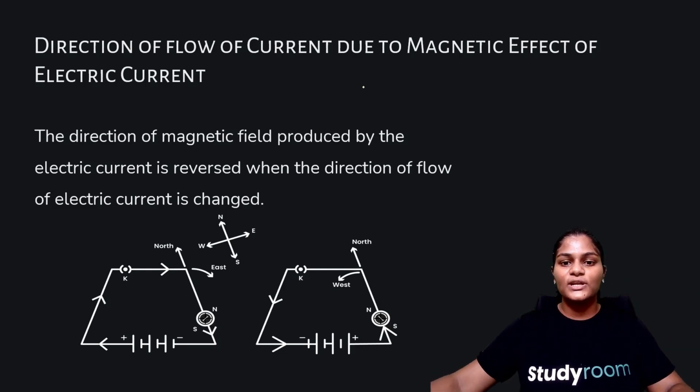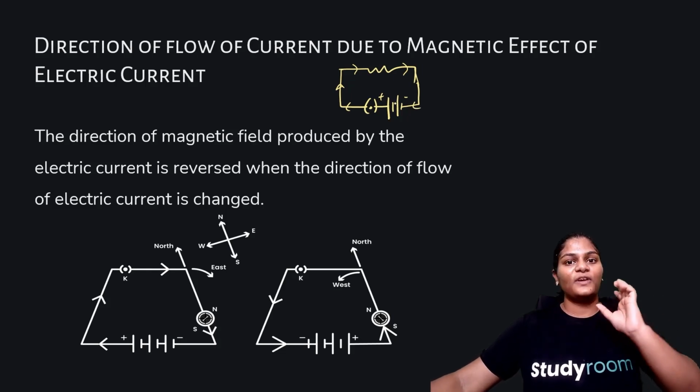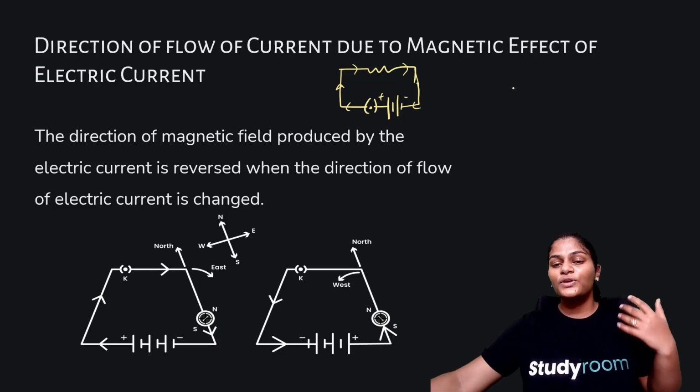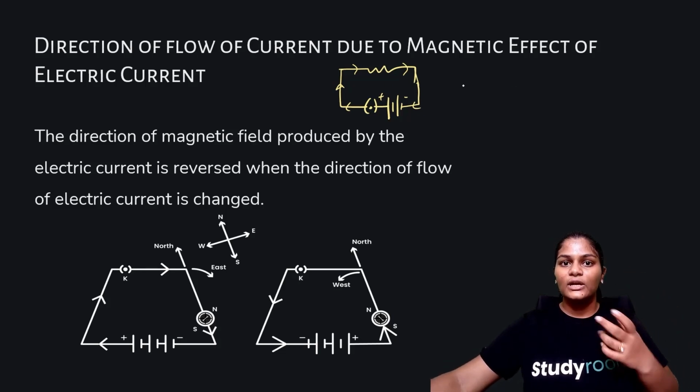So, how do we change the direction of current? If this is a circuit, say this is the resistor in the circuit, and you have a key here and this battery, we know this is the positive terminal and this is the negative terminal. We know current flows from positive to negative. Now, if in the same circuit we want to reverse the direction without changing the circuit, what do we change?